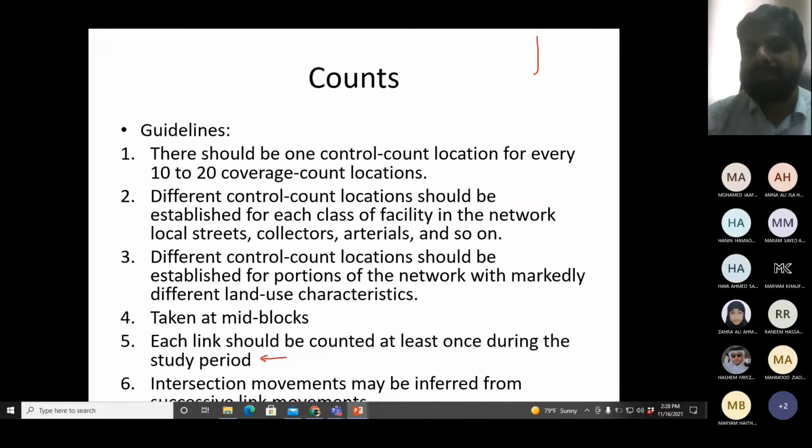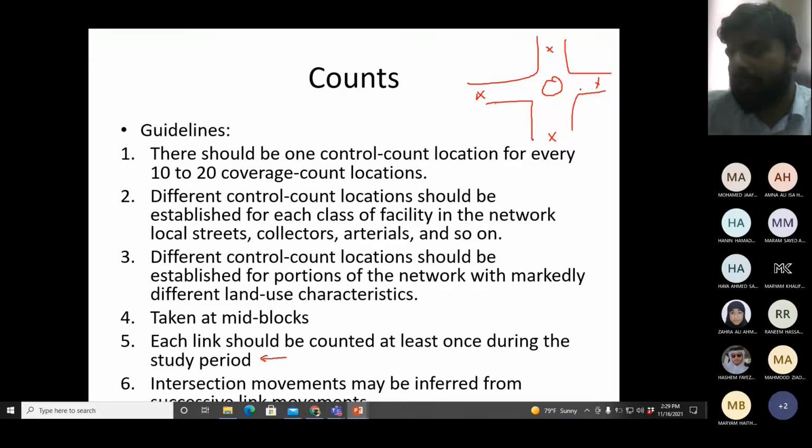If the client says this is an intersection, so there are 4 segments meeting at this intersection, the client says, what is the count here? Or what is the number of vehicles coming from each side on the intersection? So you have already counted vehicles on this segment, and on this segment, and on this segment, and on this segment. So these are the vehicles coming towards the intersection, right? So you have the intersection count coming from these 4 locations. So why should I go and count the intersection again?